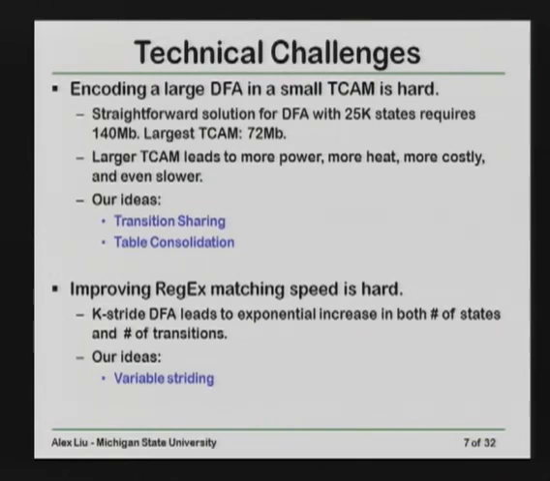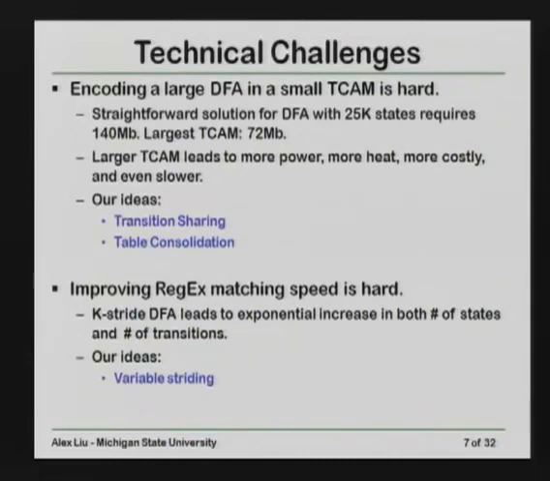Also, larger TCAM leads to more power, more heat, and more expense, and is also a little bit slower. Smaller TCAM will be faster. Even a single TCAM chip costs a lot of power. For example, in routers with TCAM, the TCAM itself costs about 10% of the overall power. We have two ideas to address this challenge: transition sharing and table consolidation, which I will go over in this talk.